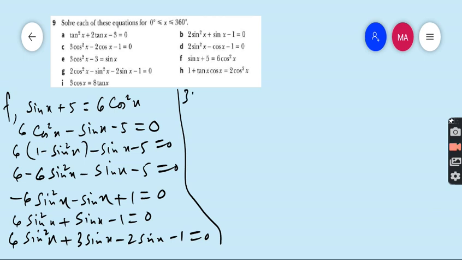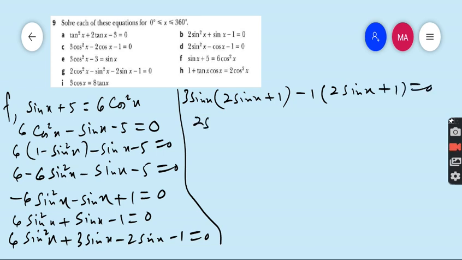From the first 2 we have 3 sin x common. It will be 2 sin x plus 1. From the other 2, taking minus 1, we have 2 sin x plus 1 is equal to 0. So 2 sin x plus 1 and 3 sin x minus 1 is equal to 0.